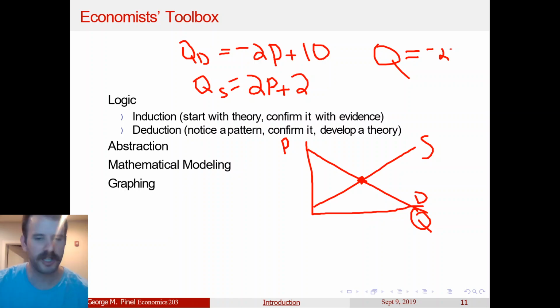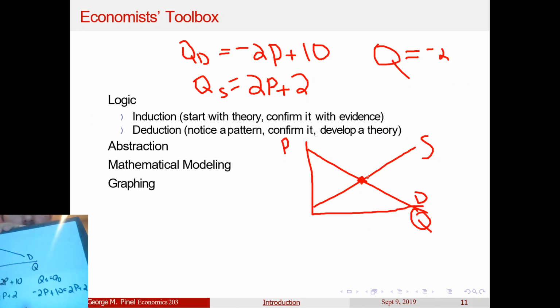So P is going to be equalized because we're at this point on the graph where the Q's are the same and the P's are the same for both supply and demand. Okay, so I'm going to solve it. I have this equation here, right?